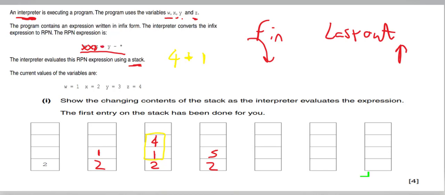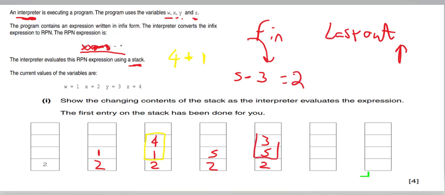Okay, so we've done that. We've now got Y, which is worth 3. So we've got 2, 5, 3. We've now got an operator. So what we're going to have is 3, 5, minus, answer being 2.